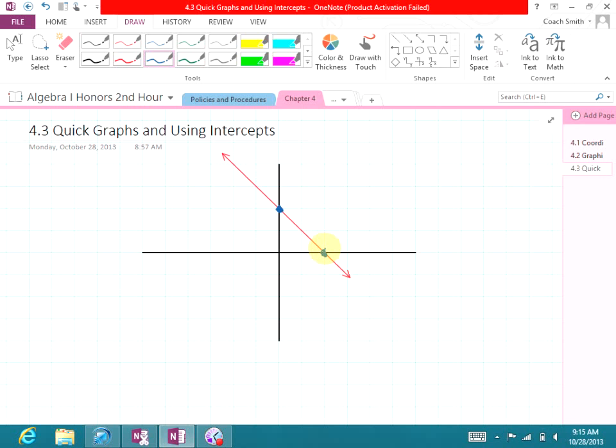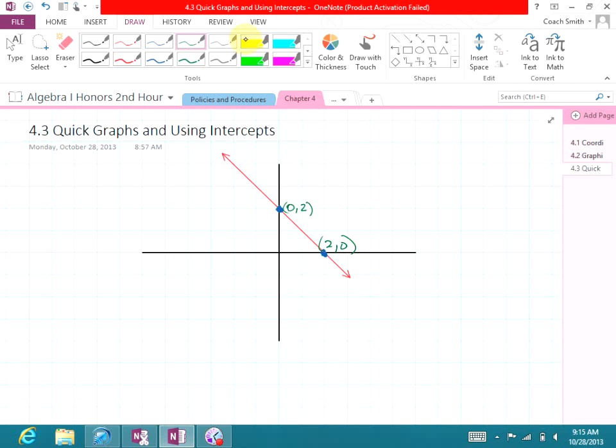Okay, so it would be 0, 2. What would it be, Zach, on the x-axis? 2, 0. Okay, so those are our coordinates of those 2 points.